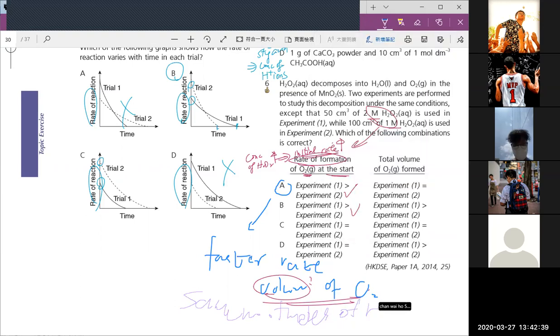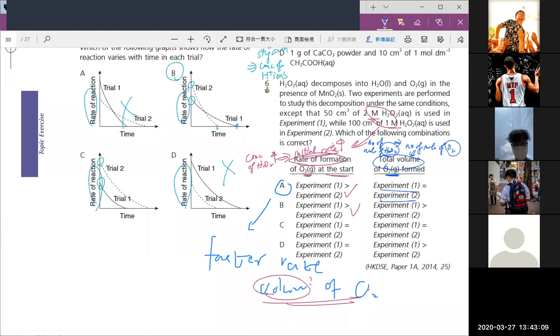You get the point, right? So you are going to consider what? The total volume of H2O2 is related to the number of moles of O2, right? So you are going to find out from the number of moles of hydrogen peroxide, right? This will affect the number of moles of O2, which in turn affects the volume of O2 to be produced. Can you get the point?